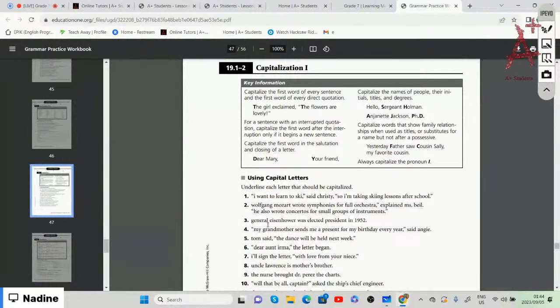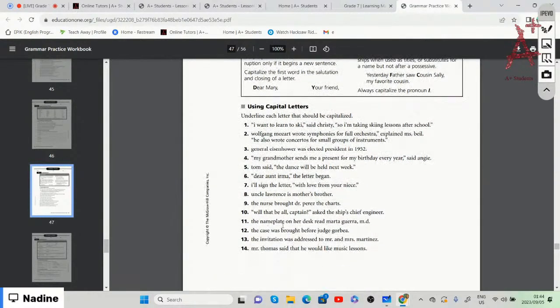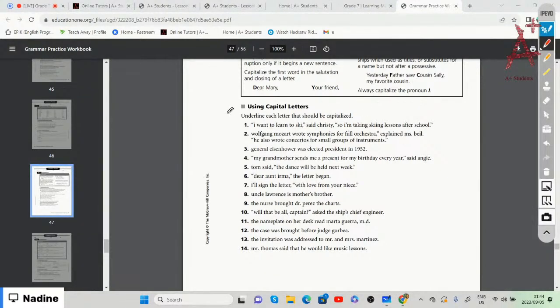And remember, we said that we capitalize the start of every sentence or the first word of every sentence, as well as quotations, names, openings of letters, names of people, surnames, places, and so on, right? So we need to underline each letter that should be capitalized, right? So we are going to underline.